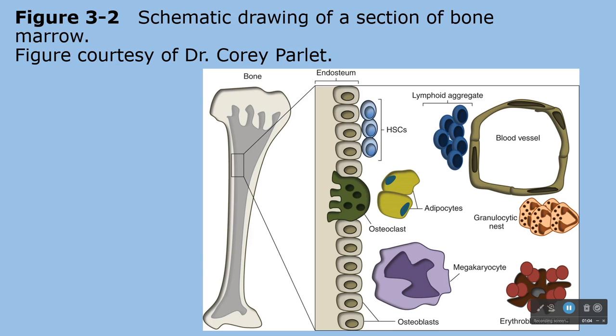If we could zoom in on this and look at a spot, you would see something like this. That would have those trabeculae in it, those open spots, right? And then you would have marrow inside these areas.